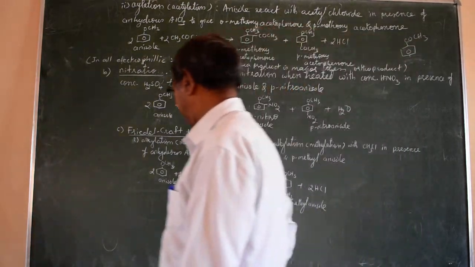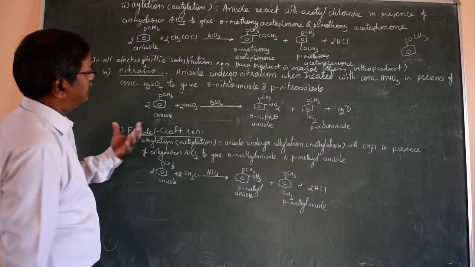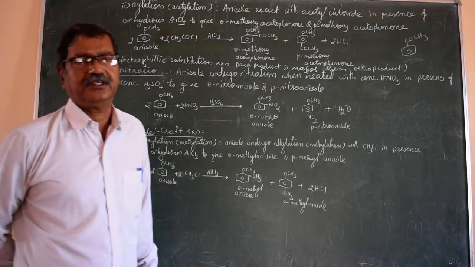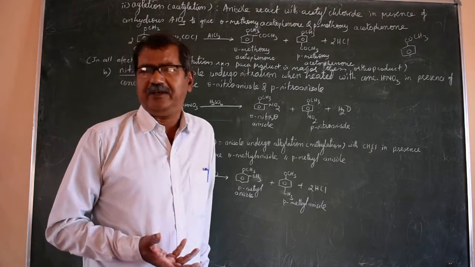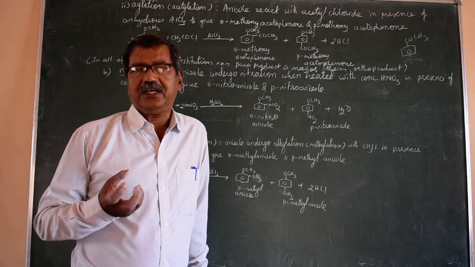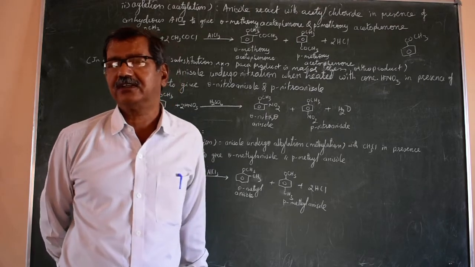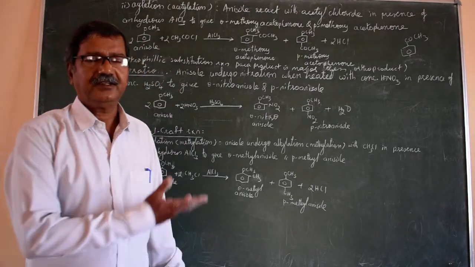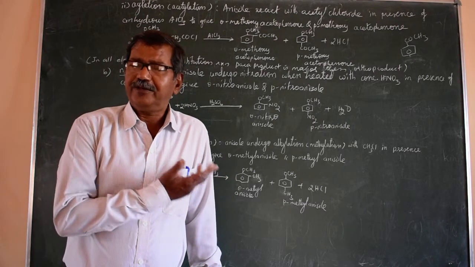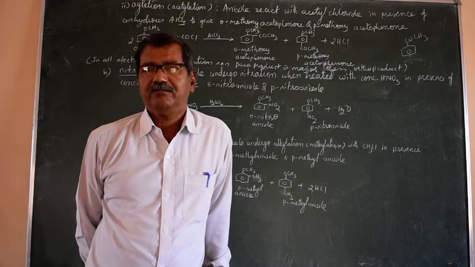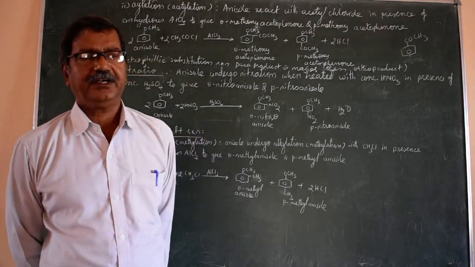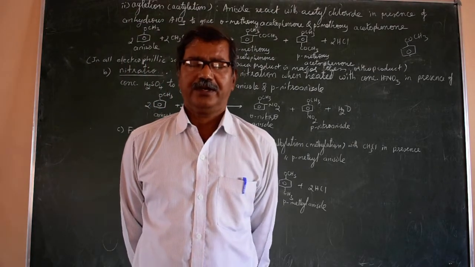So what you have to remember is, in electrophilic substitution reaction, which is the major? It is common sense. It is the para product only, due to less repulsion between the attacking reagent and the group present on the benzene ring. It may be anisole, it may be phenol, or some other aromatic compound. Always remember, para product is greater compared to ortho product.